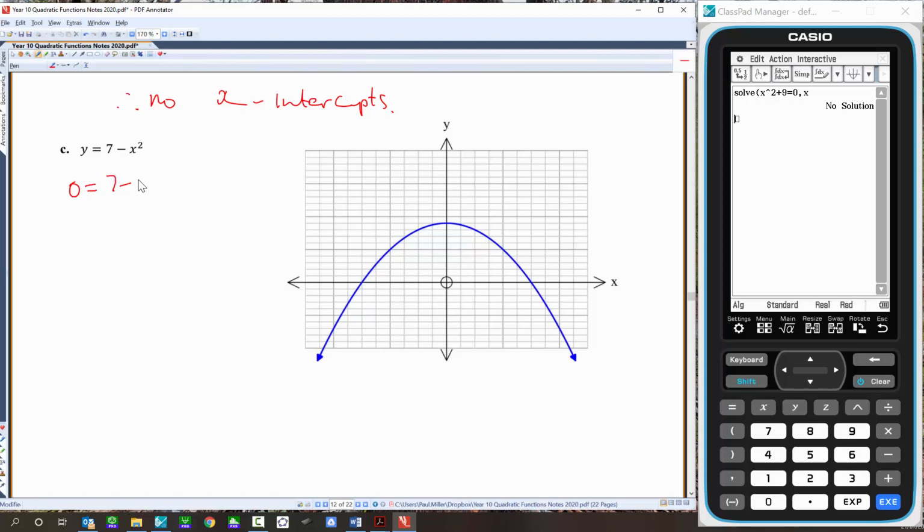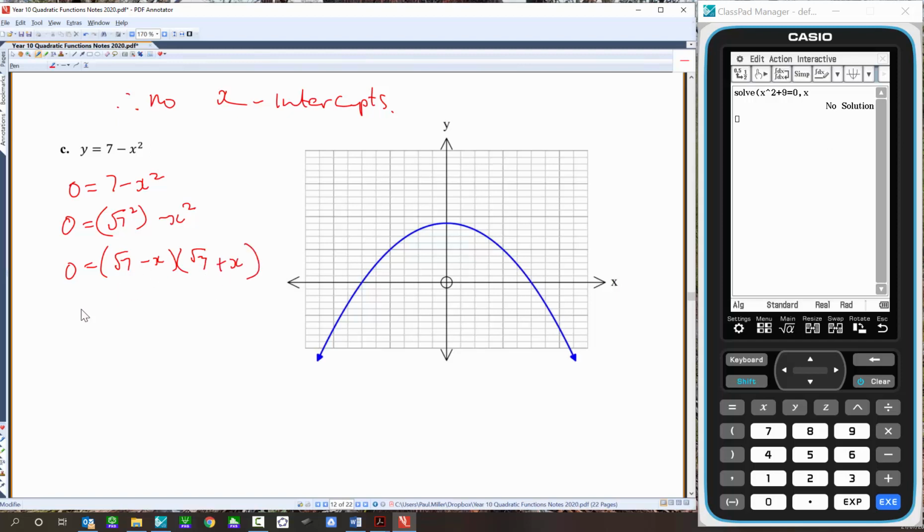0 equals 7 take x squared. Now, 2 ways of doing the problem. Let's factorize it. We're going to write this as root 7 squared take x squared, which is root 7 take x, root 7 plus x.